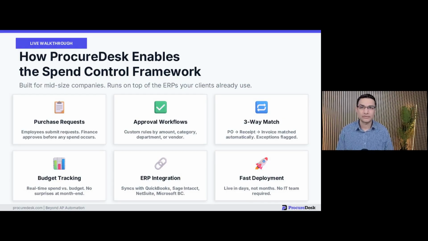A 3-way match process where the system is matching the invoices for you, budget tracking to understand where people are spending the money, and of course, ERP integration, and so on. We'll talk about all that. With that, I am going to share my screen real quick.